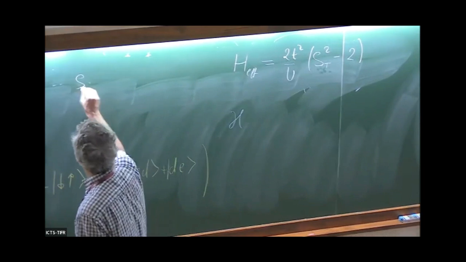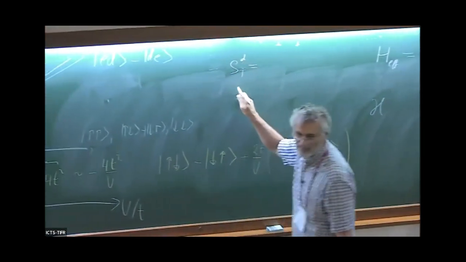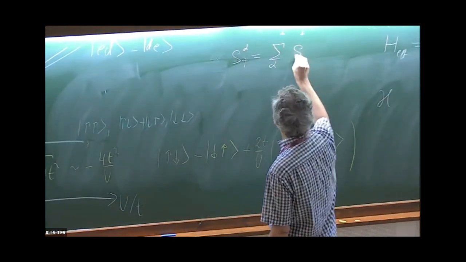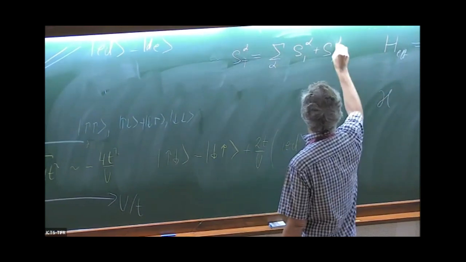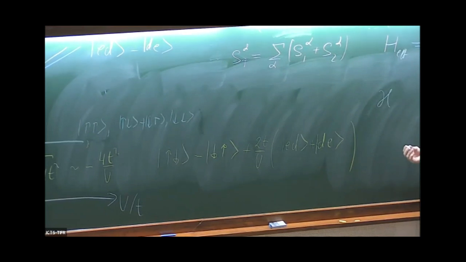The S total operator is defined such that the alpha component of S total is the sum over the two sites, S1 alpha plus S2 alpha. So this is the total spin operator, and it knows everything it should know about the SU(2) algebra of the spins.